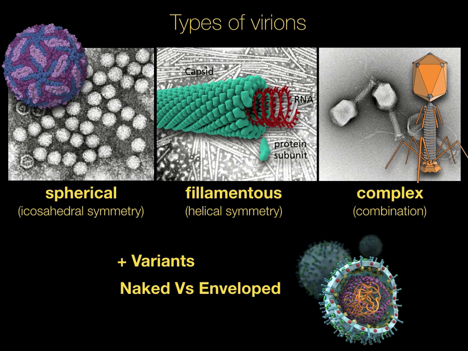So we can see in very general terms different types of virions. We can see spherical virions like this one, and these ones have icosahedral symmetry. We can find filaments, and these have helical symmetry.